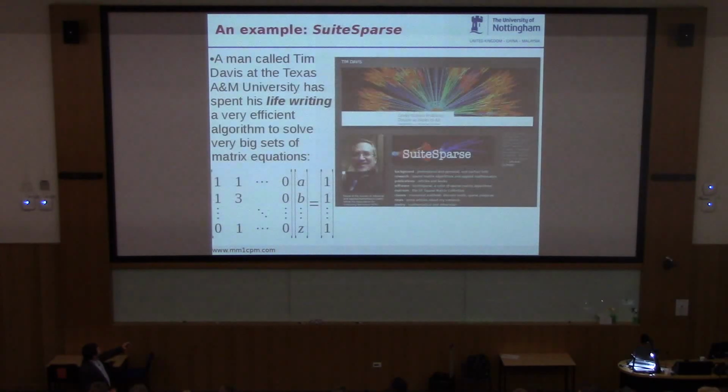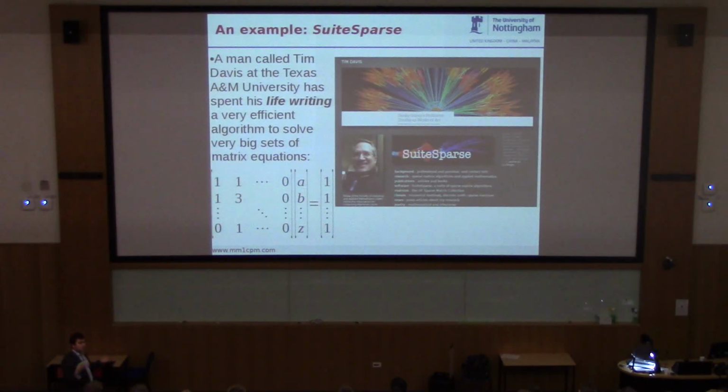So here's an example of an algorithm that somebody's written. This man here is called Tim Davis, and he's from a university in Texas. And he's spent his entire life, literally his entire life and all his research career, writing an algorithm to very efficiently solve this equation.